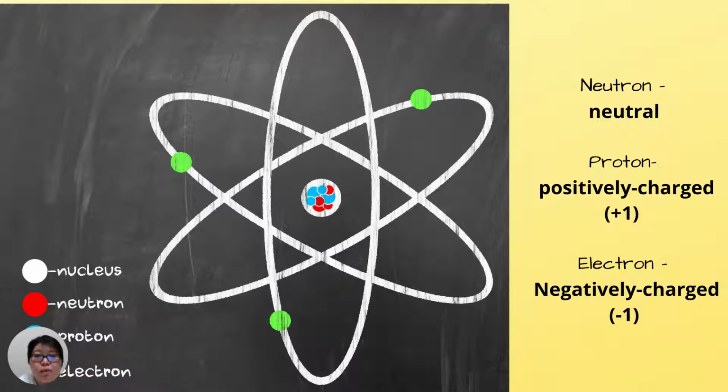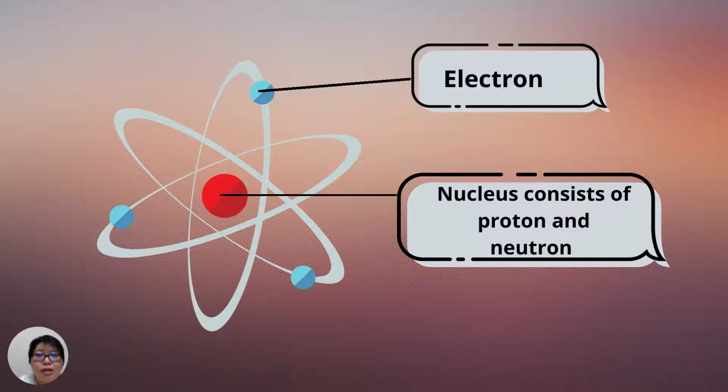The neutron, the proton, and the electron are called the subatomic particles. When you are asked to draw the atomic structure for the stable nucleus, this is the diagram showing the location of the electron. It labels the nucleus that consists of the proton and neutron. So this is the drawing of the structure of atom.